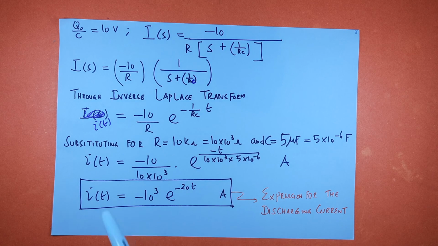So if you simplify this, you get I of t equal to minus 10 power minus 3 multiplied by e power minus 20t ampere. So this is the expression for the discharging current with respect to this problem.